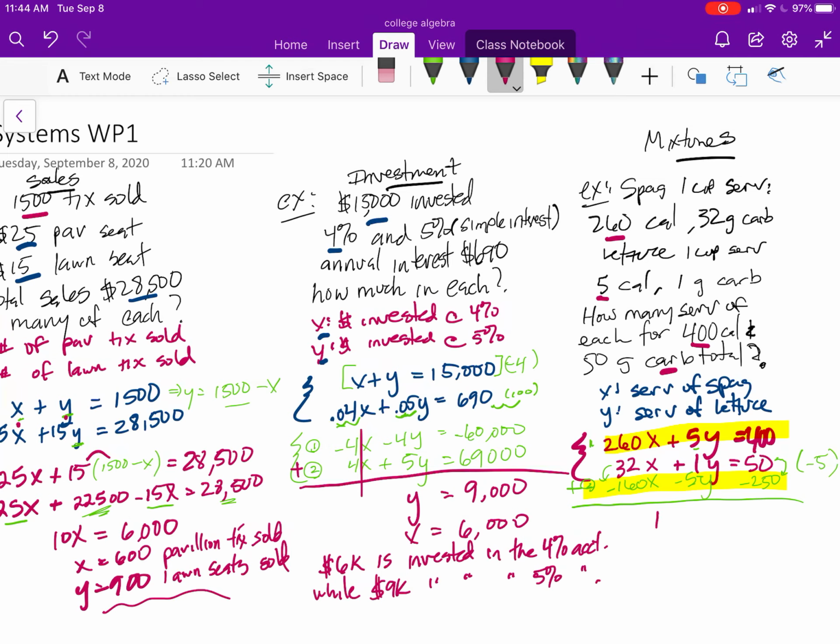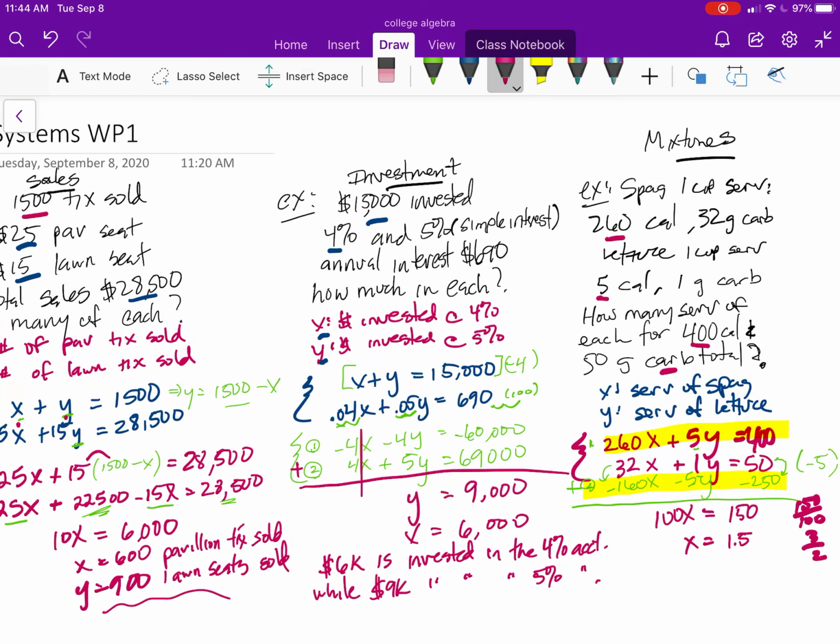So 260 minus 160 is 100x. 400 minus 250 is 150. Once I divide, I'll get 1.5. Normally in math, when we divide 150 over 100, we would get 3 over 2 simplified.